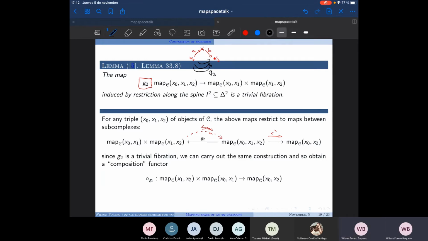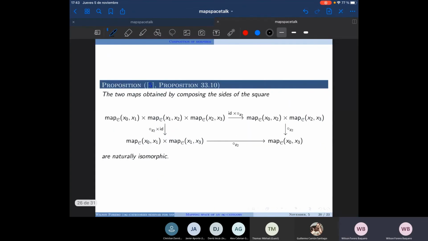So this composition depends on the choice of the lifting. So we have many possible composition functors, different from the notion in category theory where the composition is unique. Now the natural question is: is this composition associative? The answer is yes, but up to natural isomorphism. That means the following diagram commutes.